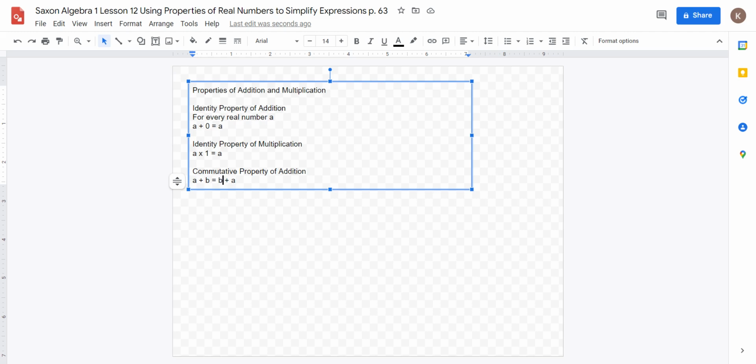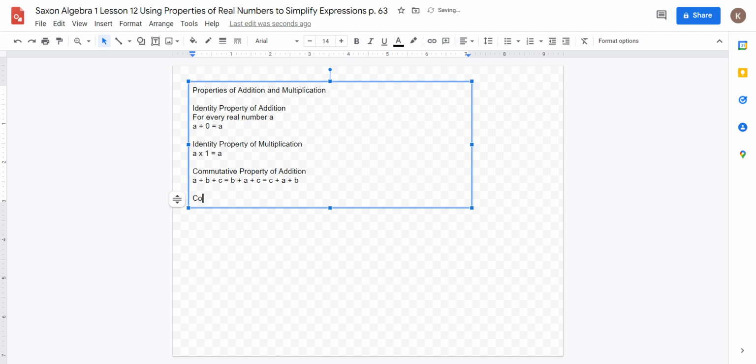I could do this another way. I could say A plus B plus C equals B plus A plus C equals C plus A plus B. It doesn't matter what order I do this. It's always going to be the same as long as I'm adding the same three numbers.